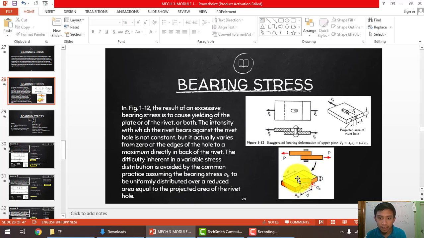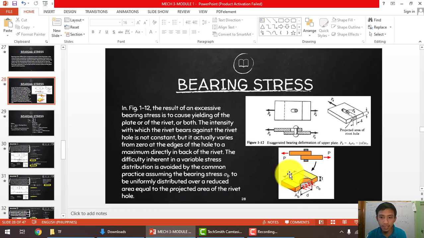But we cannot say that the bearing stress will have an effect on the failure of the bolt or the rivet, because once this rivet or bolt will fail, that is no longer bearing, that will now be in shear, because the failure will be across the cross section of the rivet or the bolt. So too much bearing stress will be on the plate within the projected area.